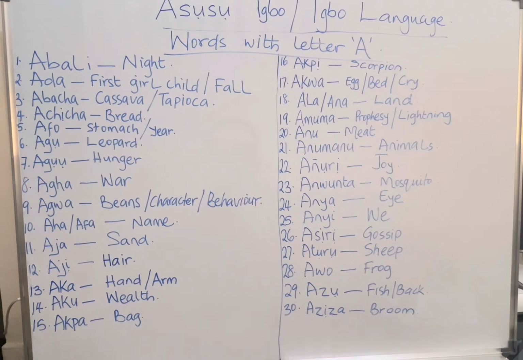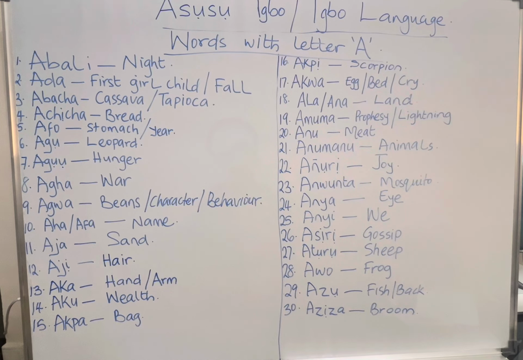Number 8 says ara. Pay attention to the pronunciation. Ara means war. Number 9, we have 2 meanings there. Agua. The same spelling, the same pronunciation.